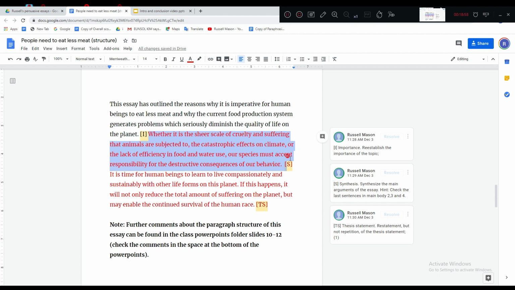They support each other, they reinforce each other, they give the overall essay coherence, they give unity to the whole essay, and they strengthen the whole essay as a result. So this is what I mean when I say foregrounding the structure.